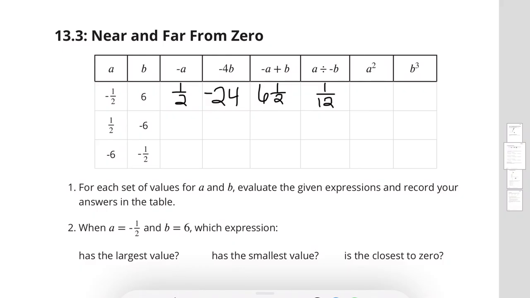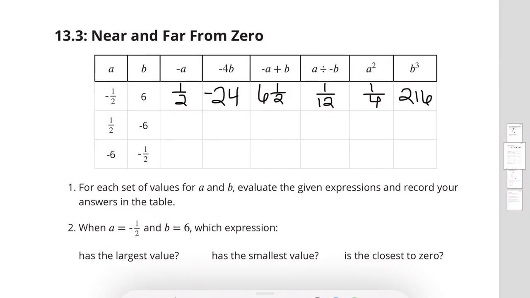A squared, so negative 1/2 times negative 1/2 would be positive 1/4. B cubed, so that's positive 6 times positive 6 times positive 6 would be 216.